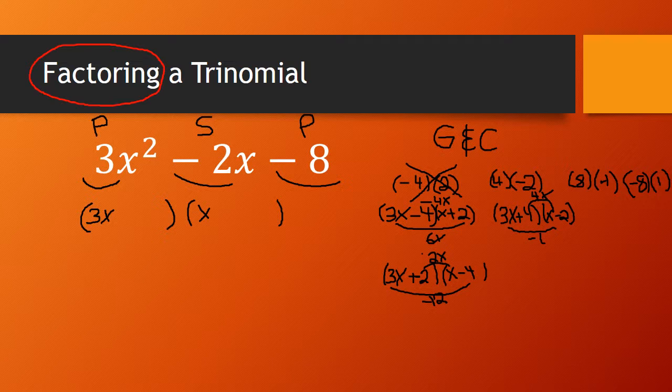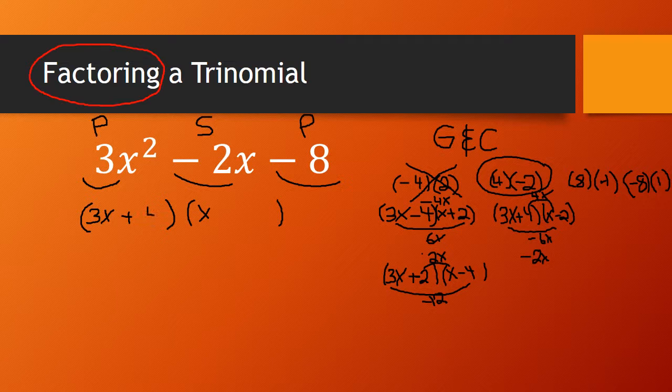If we add these two products together, 4x plus negative 6x, I'm going to get negative 2x, which is exactly what I need for this trinomial. So this combination of factors, it will work, and I have to keep the place for each number.